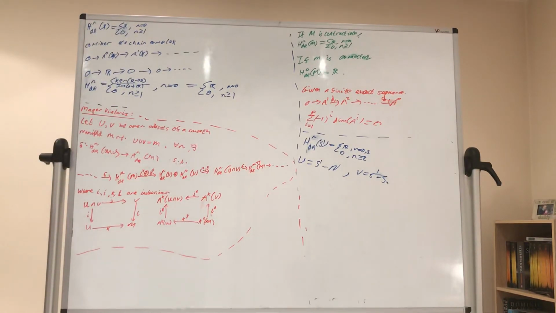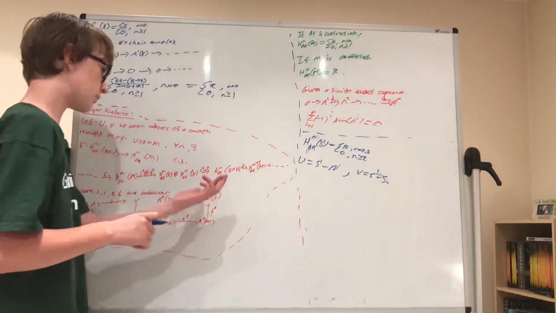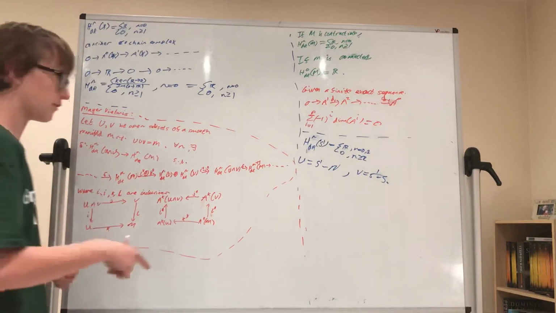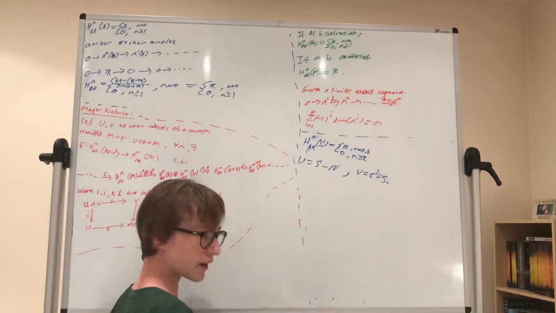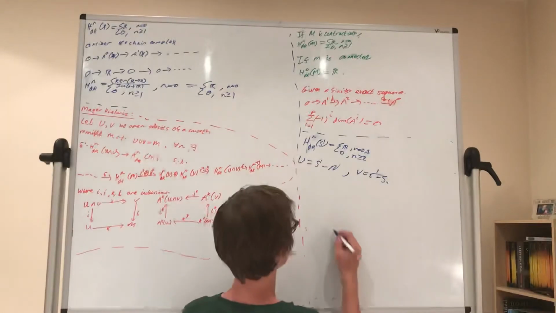Now, there exists a delta so that the following sequence is exact. Remember, this can be finite, and we're going to use it to be finite, because if we go up in higher dimensions, every term is just going to go to 0, so there's no point really.